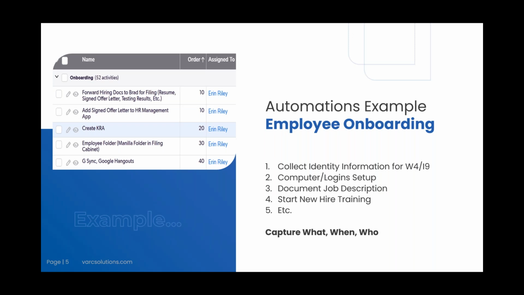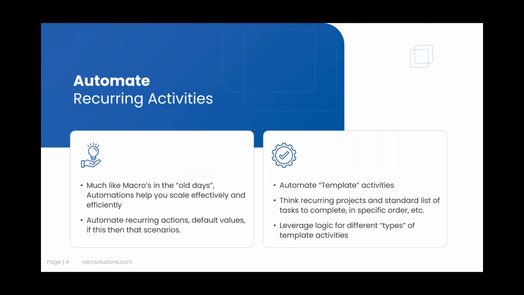Now, one other thing I'll say about this too is you can also build logic into these. Sorry, I'm going to go back one slide. So for example, I'm going to take the example of a project manager. Let's say you're a project manager for a construction company, but you've got commercial construction and you also have residential construction.